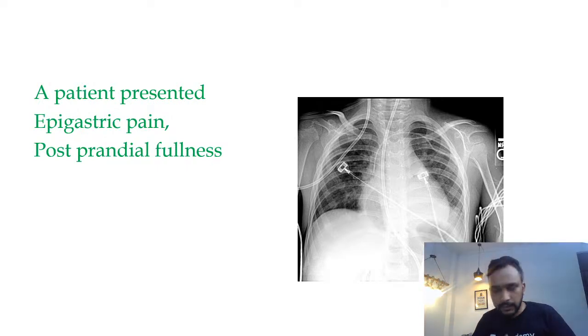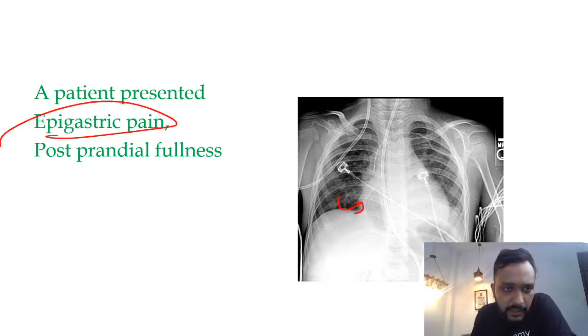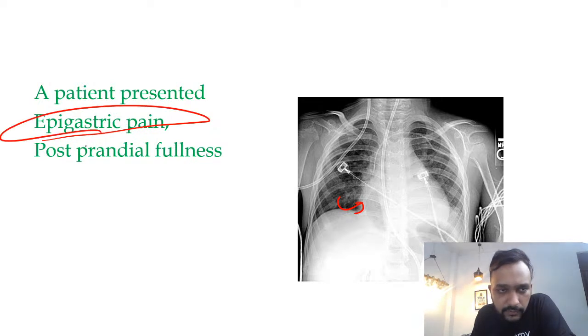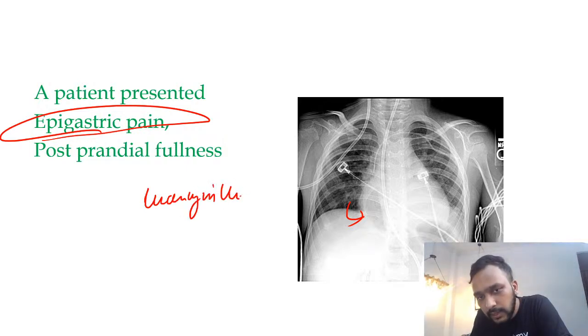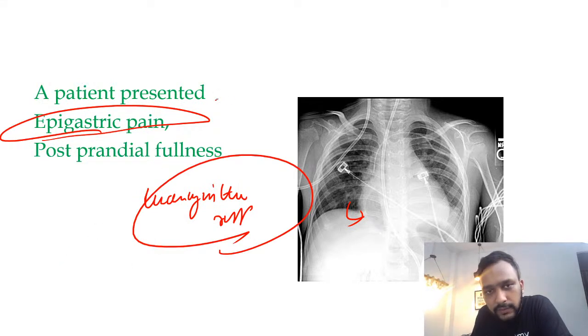So guys, in this case we are able to see a retrocardiac lucency. The patient presented with epigastric pain, postprandial fullness, and we can see a lucency in the retrocardiac area. So this is a case of hiatus hernia.